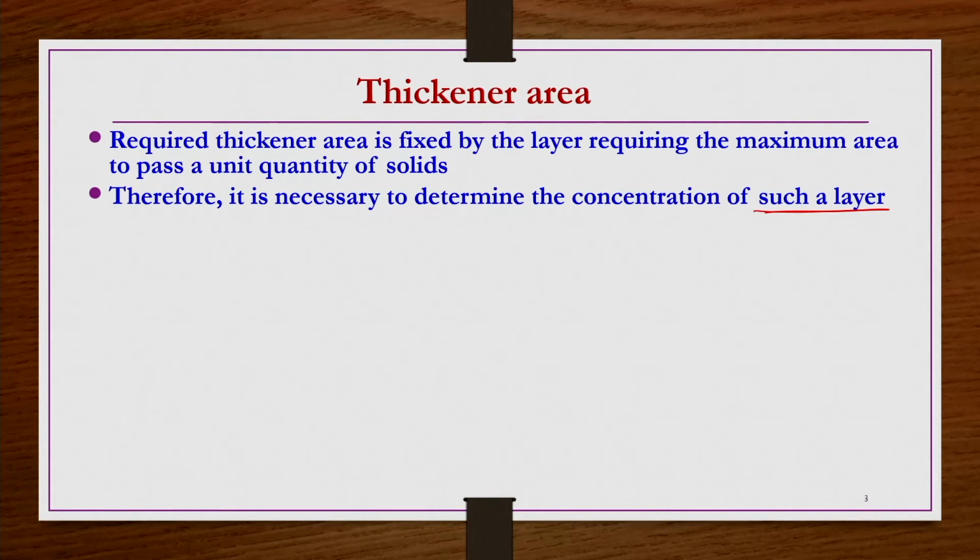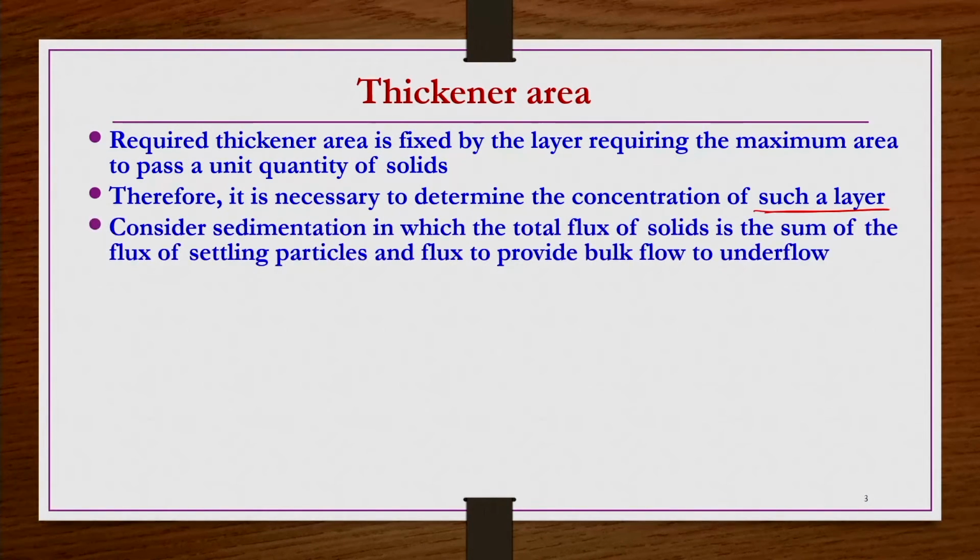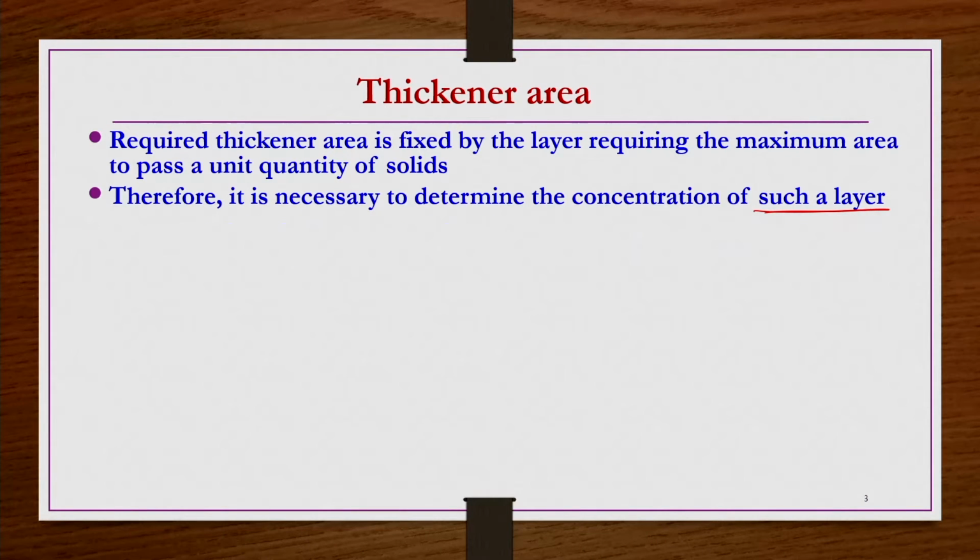But is that information sufficient? Not at all. We need more information. We need to know the solids flux with respect to the concentration for different time intervals. Once we have that, from there we can get the required area for the design of the thickener.